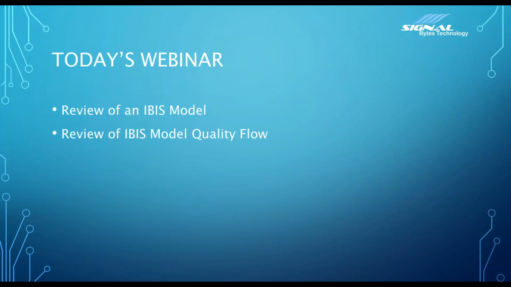If you haven't, you'll see a quick review of it. Then we're going to go right into looking at some IBIS models, looking at the issues, and starting to understand how you assess the quality levels of IBIS models, and then what you can do to fix some issues, and what you can't do to fix some issues as well. So we'll get into that.